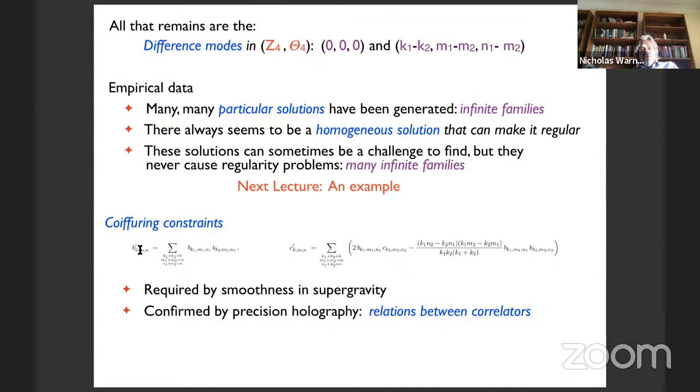And this is telling you that one class of correlation functions is related to quadratic order and some other class of correlation functions. And there have been some tests of this by precision holography. I've given the references in the notes, and there are still some more tests. I think David Turton's still working on some examples of this. But the amazing thing is that holography tells us that you have to impose these constraints.